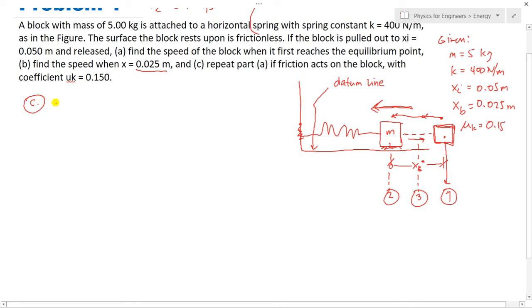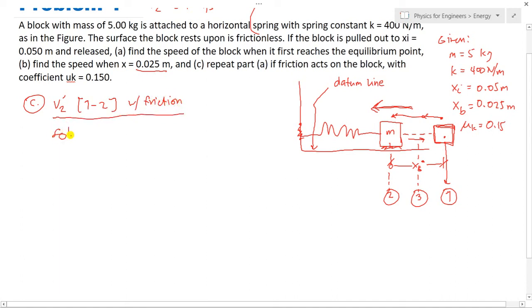For letter C, again we are looking for velocity 2, which is V2 prime since there is friction. Our interest is from 1 to 2, and with friction this is not an ideal condition anymore.